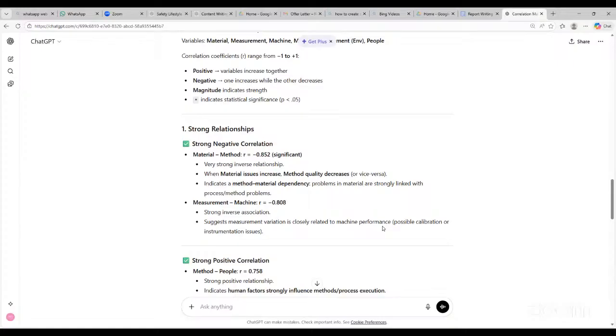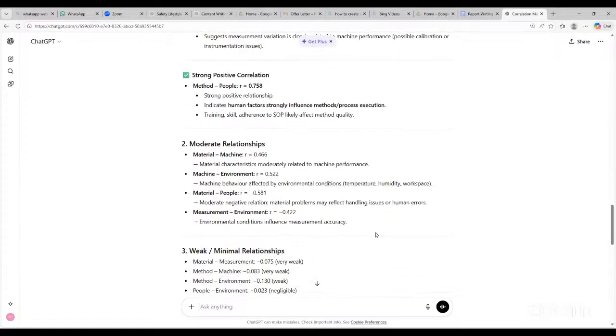Next is the strong relationship related to the material and method. It is written that when material issues increase, method quality decreases or vice versa. So this is a very serious issue. And measurement and machine, the correlation is also inverse, minus 0.81. And we can think about the strong positive correlation, that is method versus people.